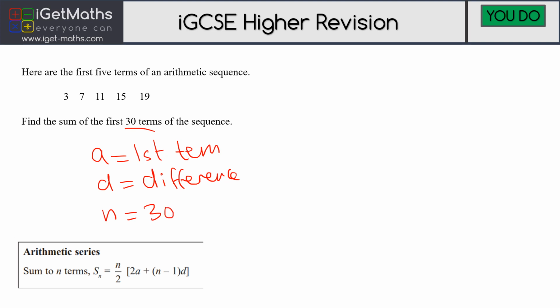And again, we're just going to substitute this into the formula. So N is 30 over 2, 2 lots of A, which is your first term, which is 3, plus N, 30 minus 1 times your common difference, which in this question, 3 to 7, is 4.